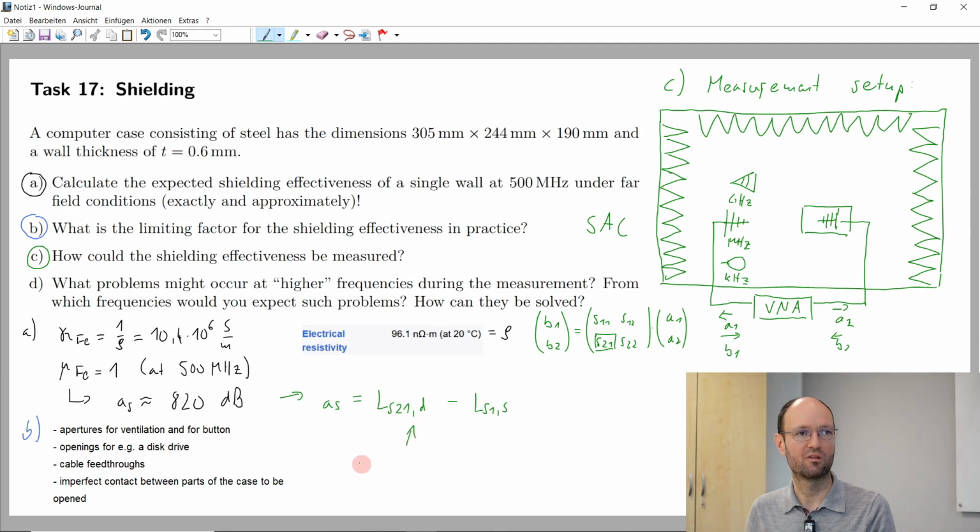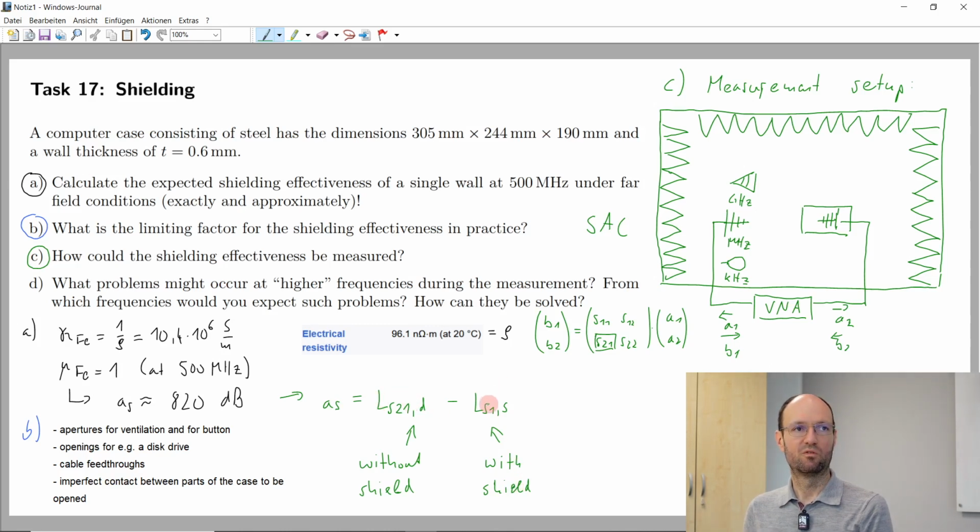This is without shield, where we get a good transmission between the antennas, and this is with the shield, where we get a smaller transmission between the antennas.